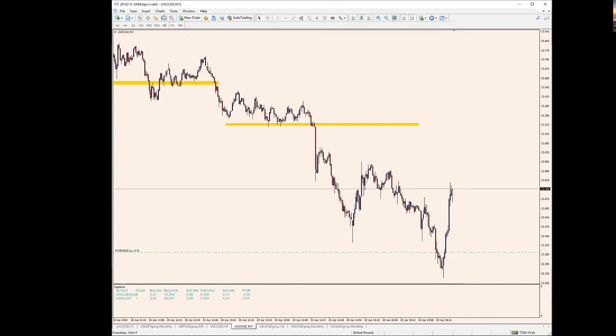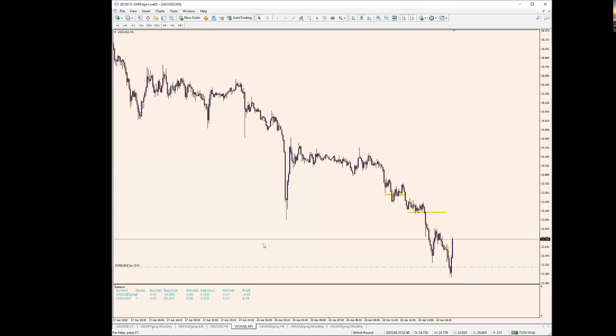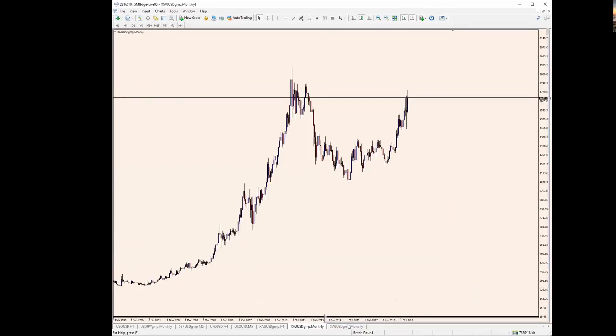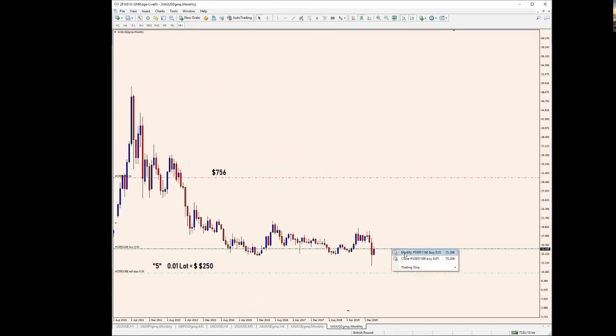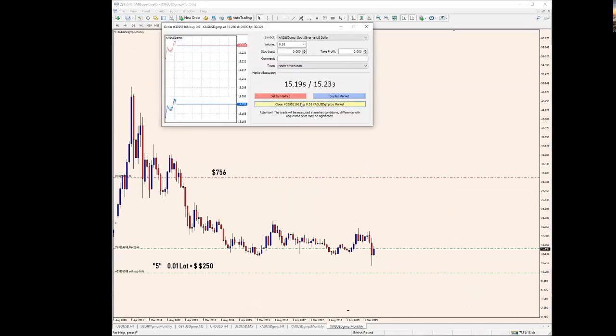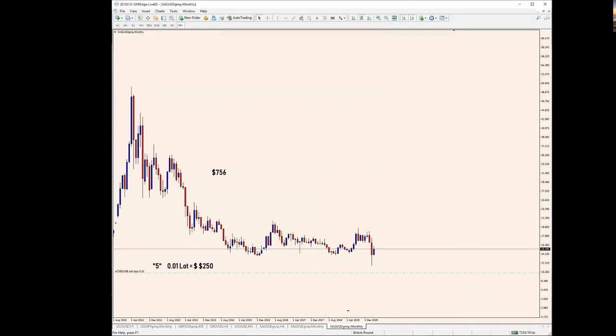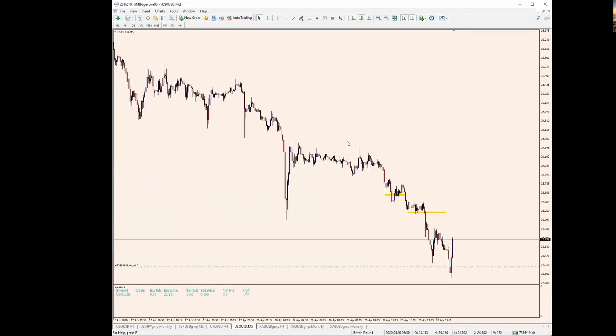Look at this. So good opportunity. I'm losing money in silver. Better close my silver trade. Let's focus on oil. Look at oil.